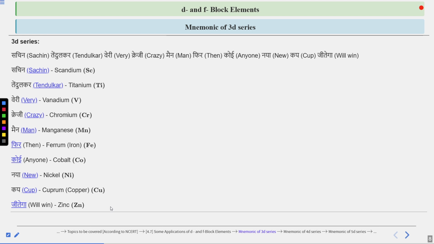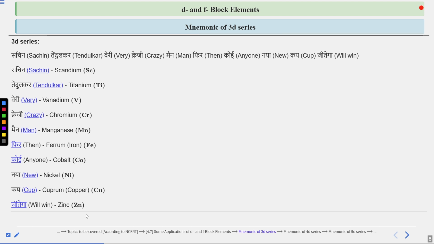So by that you can easily learn the 3D series, that Sachin Tendulkar, very crazy man, फिर कोई नया cup जीतेगा. Okay, so this is how you can learn the mnemonic of 3D series.